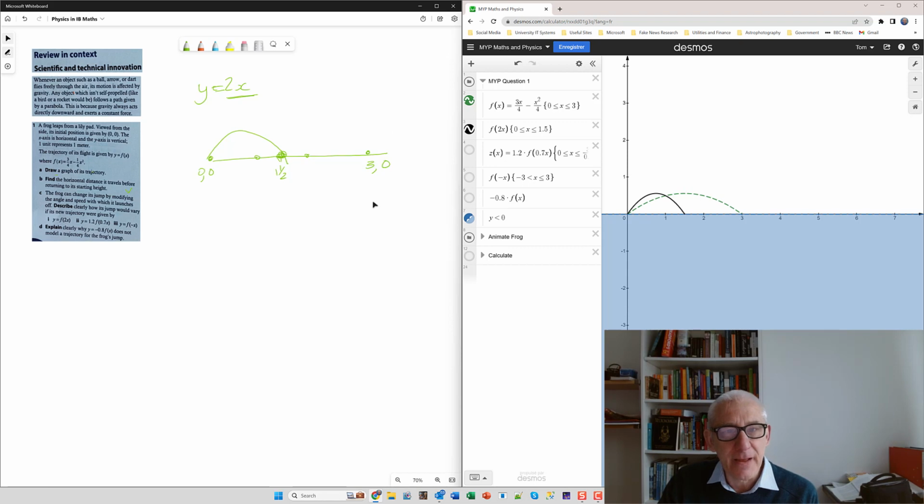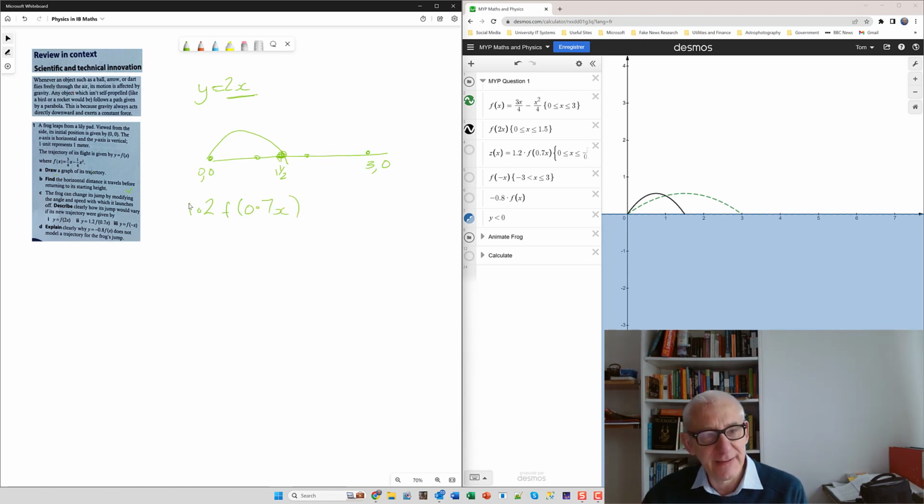Okay. Let's just show the next one. Okay, so it says here now y is equal to 1.2 times the function, but this time we've got 0.7x in there. So the 1.2 is clearly going to multiply, increase the height of the number coming out of our function.